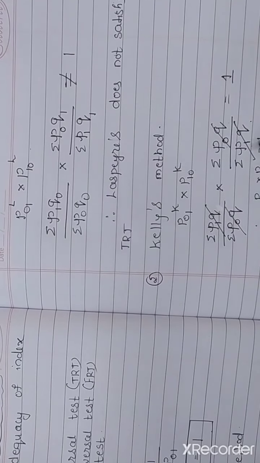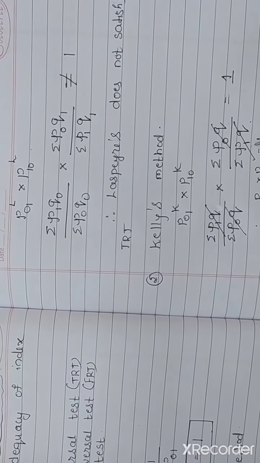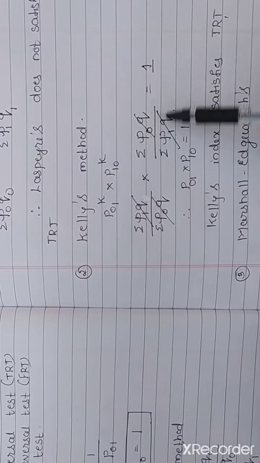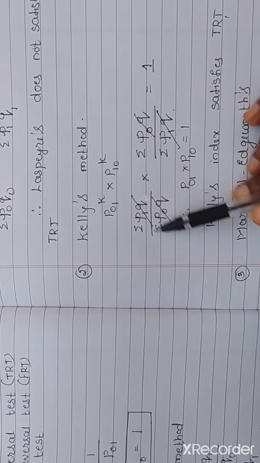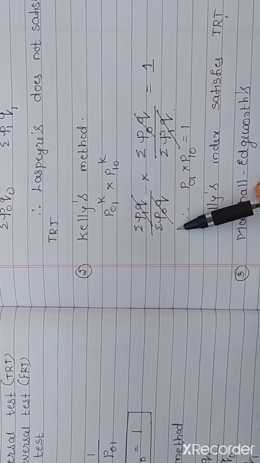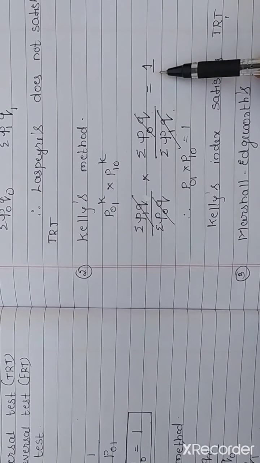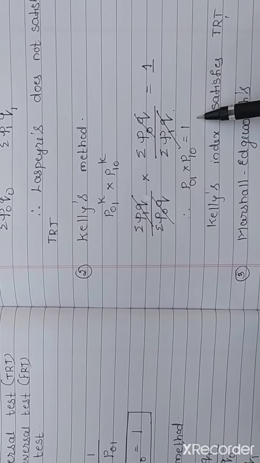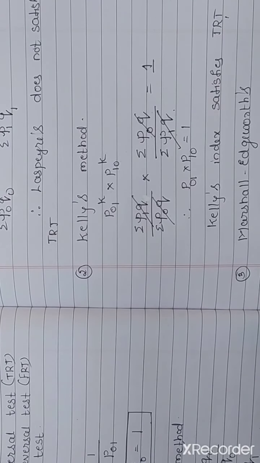P0 is there, it is considered as P1, into Q. Now summation P1Q and summation P1Q get cancelled, summation P0Q and summation P0Q get cancelled. So it is equal to 1. So P01 into P10 is equal to 1. Therefore, we say that Kelly's index number satisfies the time reversal test.